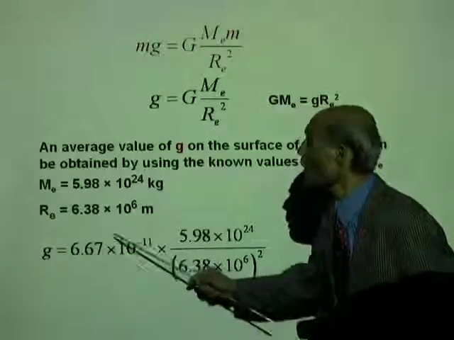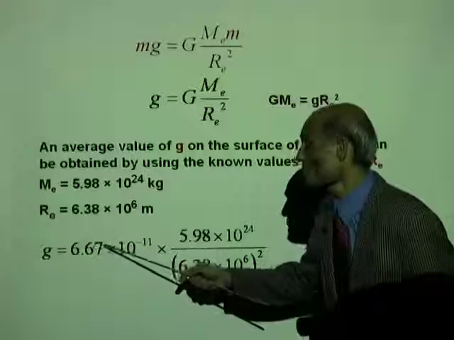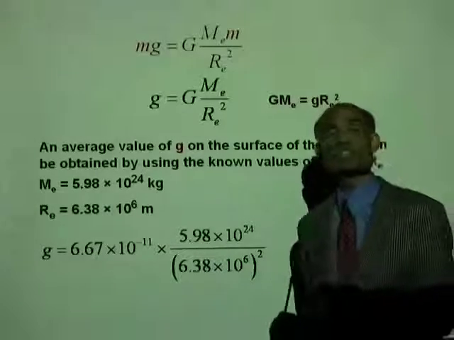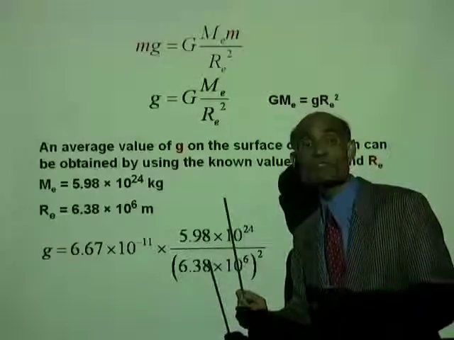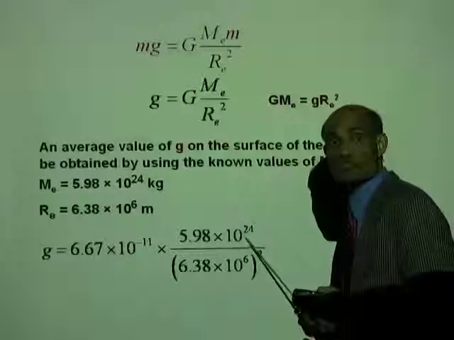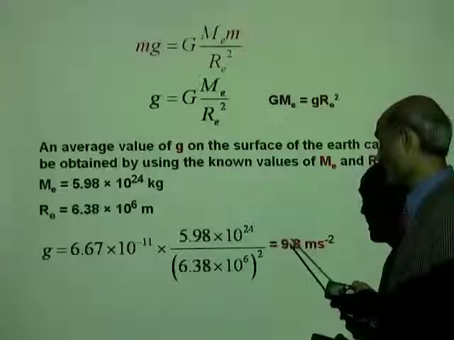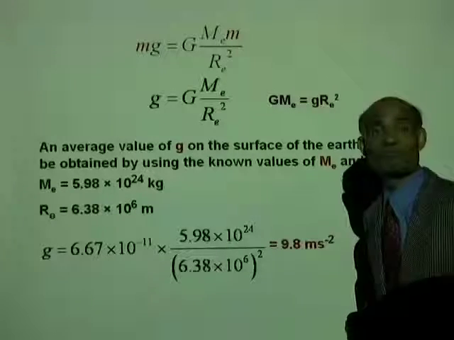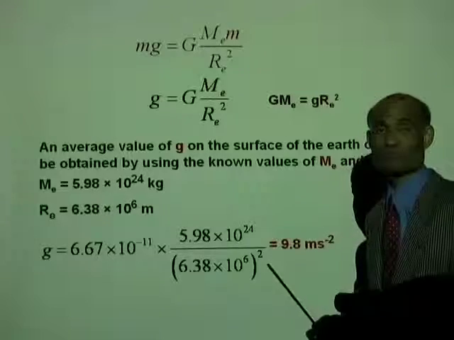The value of the universal gravitational constant is 6.67 times 10 to the negative 11. What's the unit there? Newton meter squared per kilogram squared. And this is the mass of the Earth, and this is the average radius of the Earth, and that gives you our famous value 9.8 meter per second squared.